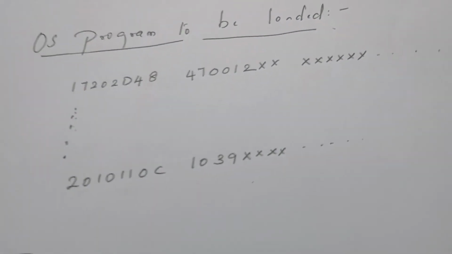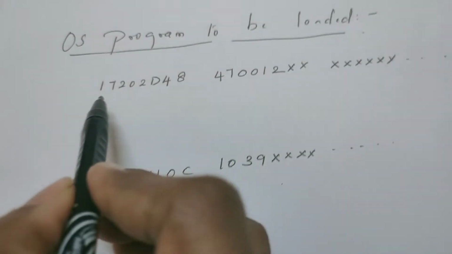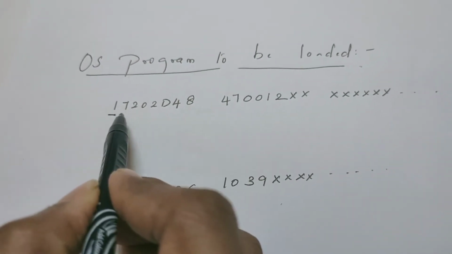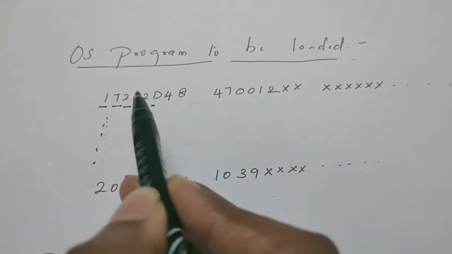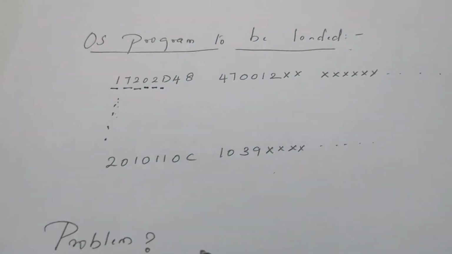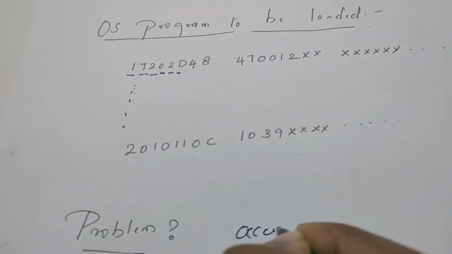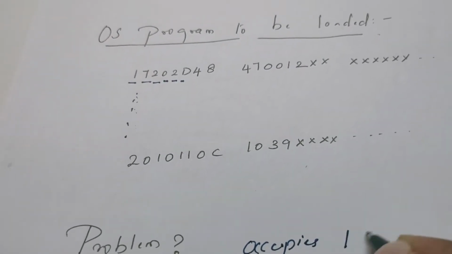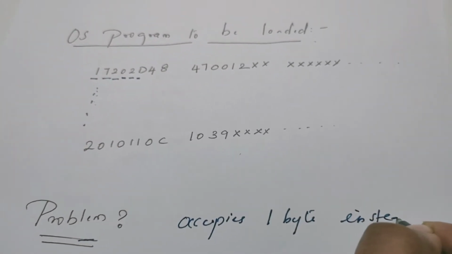But while loading the program, there is a problem. What is the problem? When the loader reads these object codes, it reads each digit of the object code as a character. So when it reads it as a character and tries to load it, every character occupies 1 byte instead of half a byte.